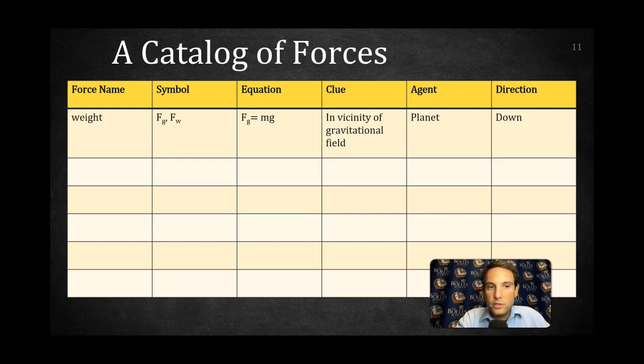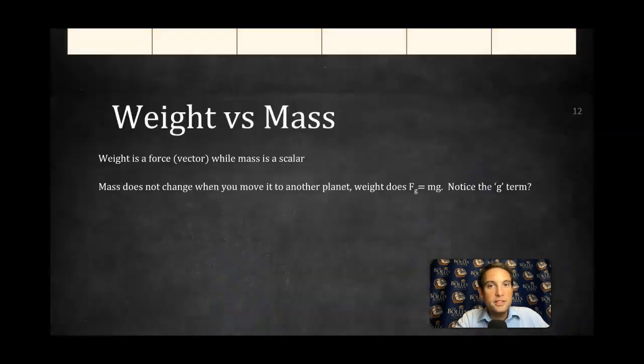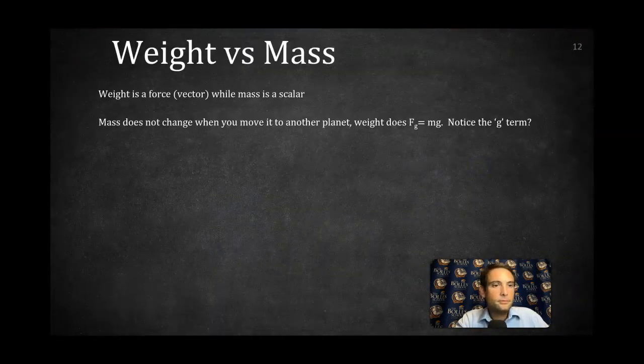We're going to start with a weight force, and the symbol is Fg or Fw, and the equation is m times the gravitational field. The clue is if we're in the vicinity of a gravitational field. The agent in this case will be the planet, that's the thing doing the forcing, and the direction will always be down, towards the center of the planet, or sun, or moon, or anything.